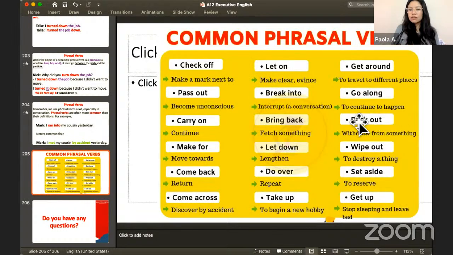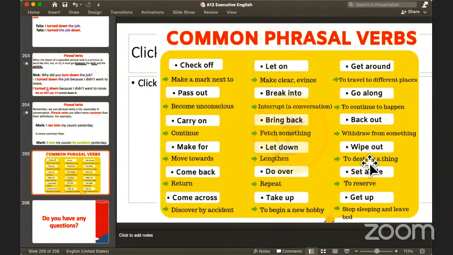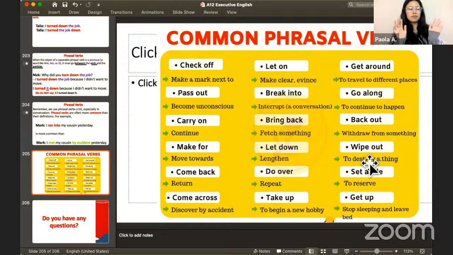Back out. Yes. Okay. To back out is like to get distance from something. It could be physically or it could be something else. It could be a person.